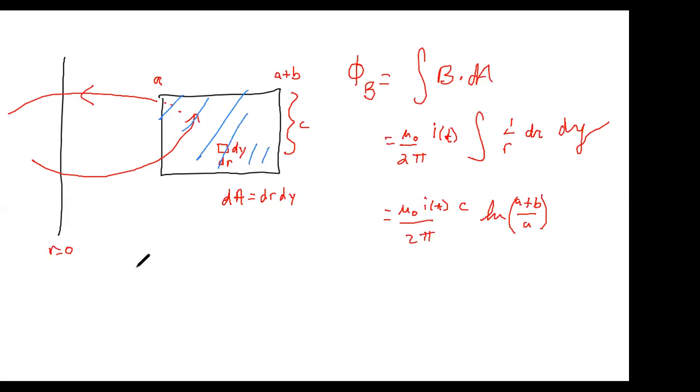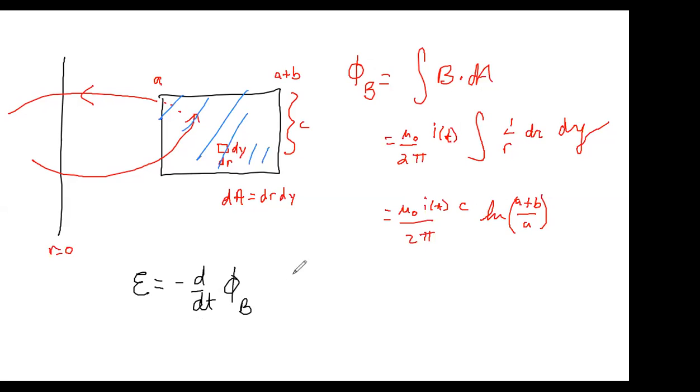The EMF equals the negative time derivative of the magnetic flux. So I need to take a time derivative of this, which comes from the current term.